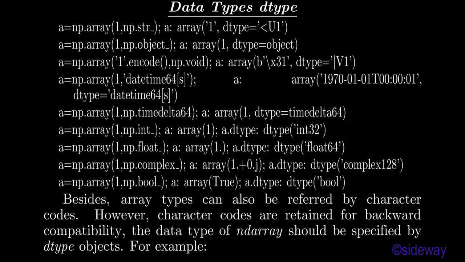Besides, array types can also be referred to by character codes. However, character codes are retained for backward compatibility. The data type of ndarray should be specified by dtype objects.